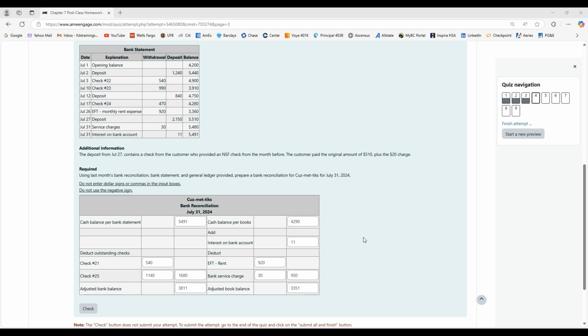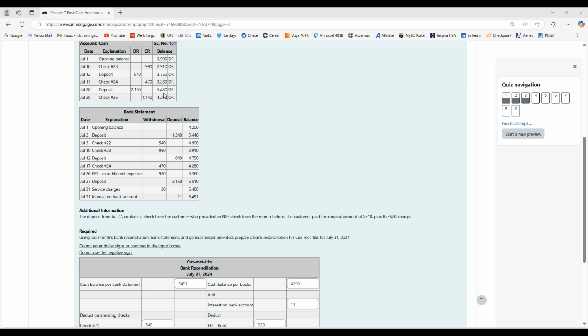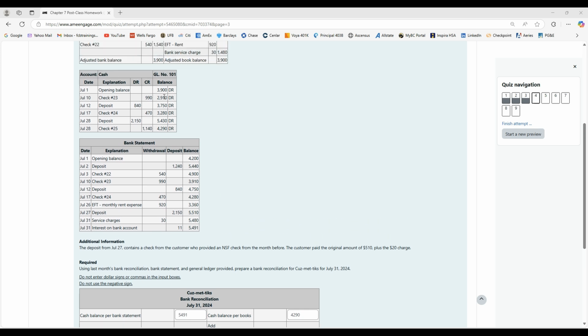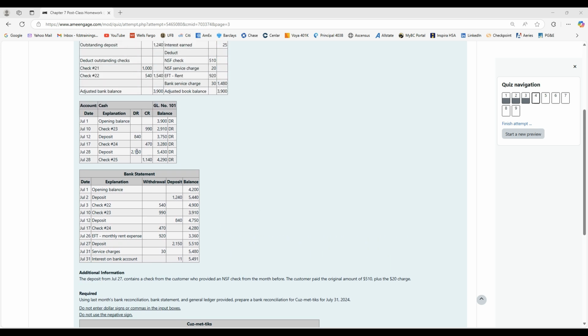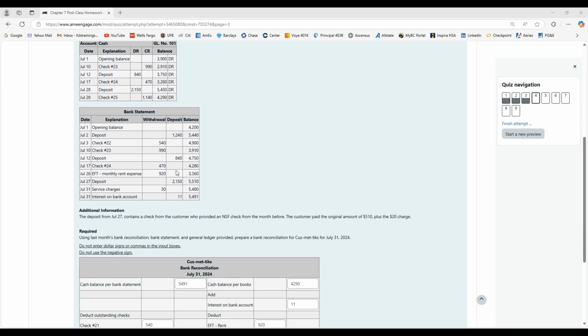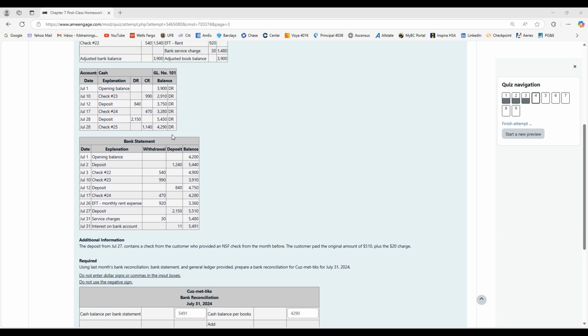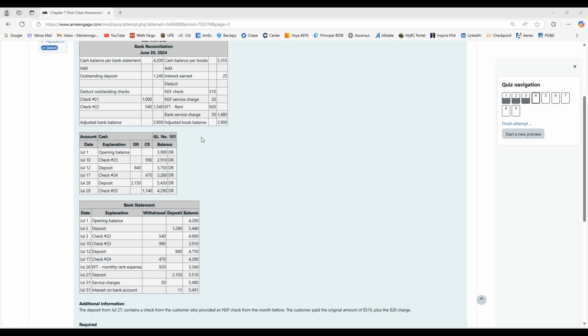That was 460. 4290. 2150 was a deposit. Okay, that was there. And just making sure everything's looking good on here.